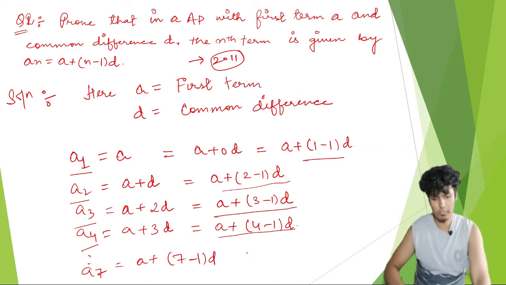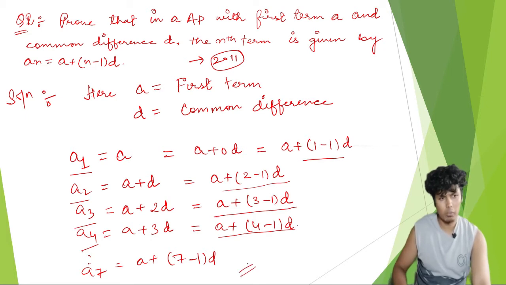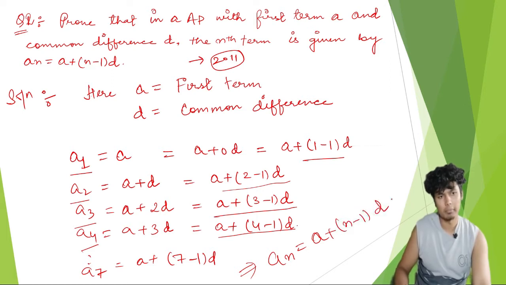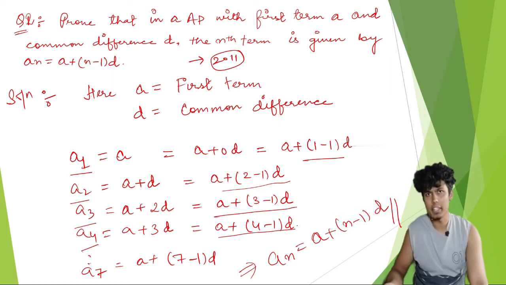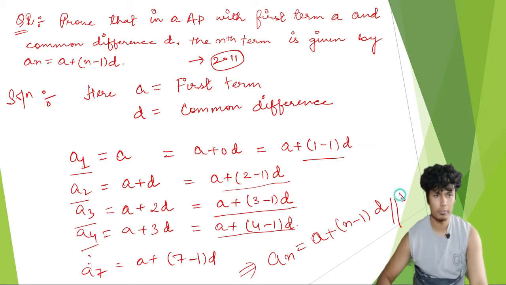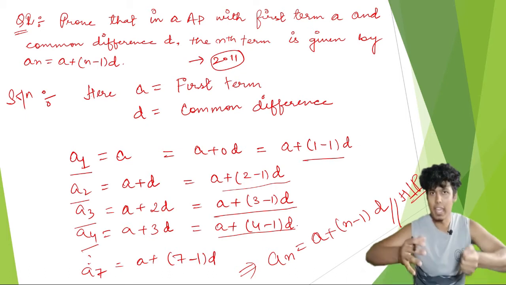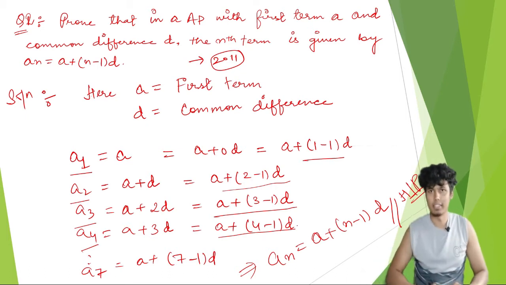So therefore, suppose you happen to find an. What will be an? a plus n minus 1 d. Clear, right? So this is hence proved. a n is equal to a plus n minus 1 d.